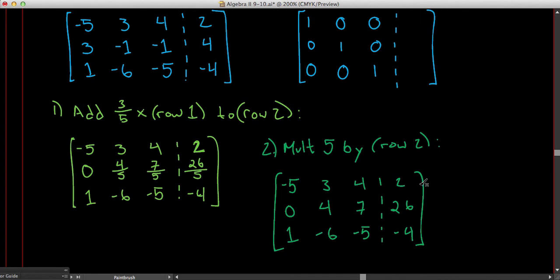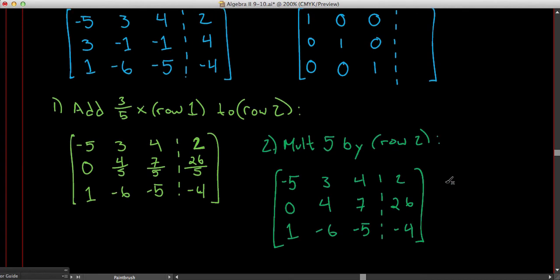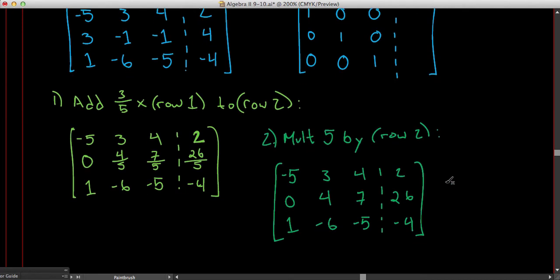So the next thing that I want to do is eliminate this one in the bottom left-hand corner here. And the way I'm going to do that is I'm going to multiply row 1 by 1/5 to make this -5 into a -1, and then add it to row 3.